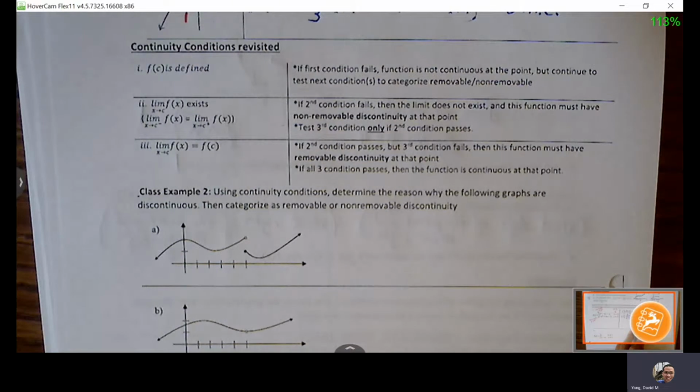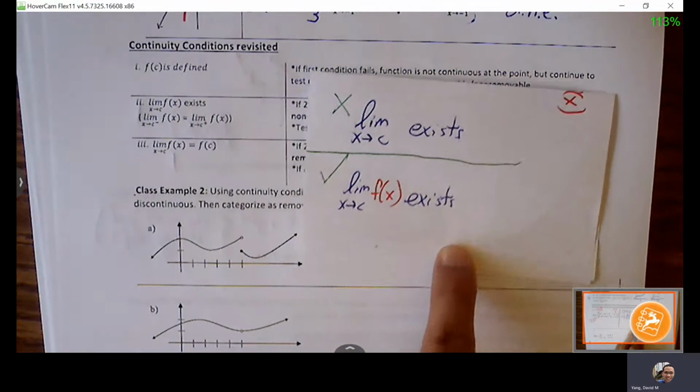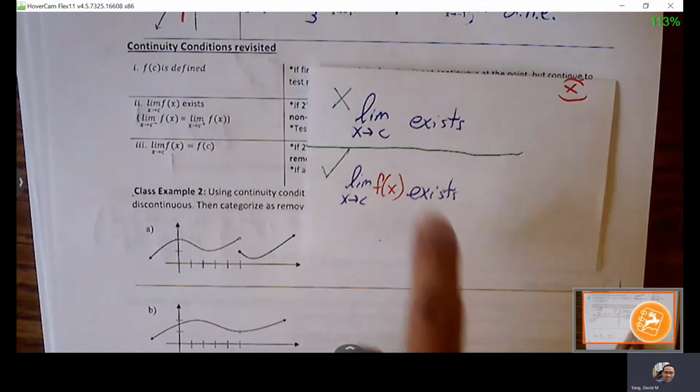Okay, so for example 2, we're going to practice going through each of the conditions and being careful with our notations. One thing I want to point out at the very beginning is make sure that you're writing your limit statements fully.